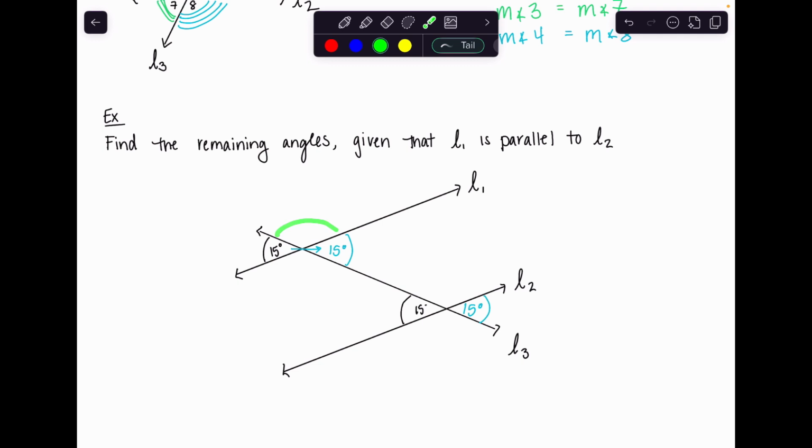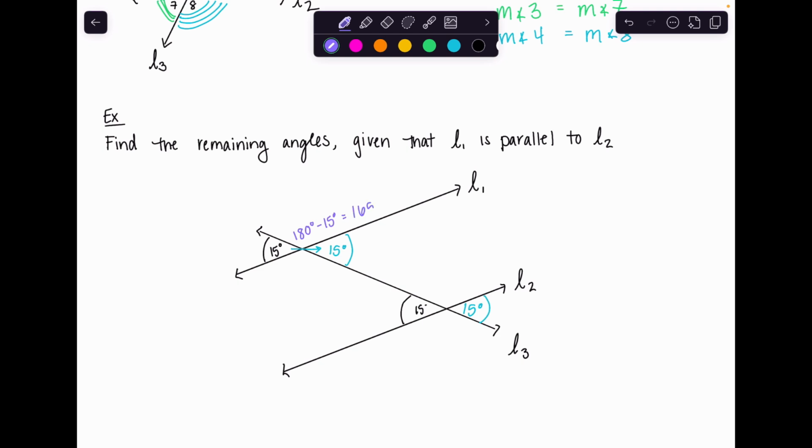Okay. Now I need to figure out what this angle is here, and really once I have that, I have everything else. And so since 15 and this unknown angle form line 1, this angle here must be supplementary. So the way I figure it out is I take 180 degrees and I subtract 15, because the two must add up to 180.